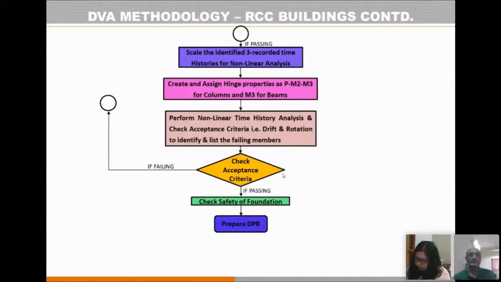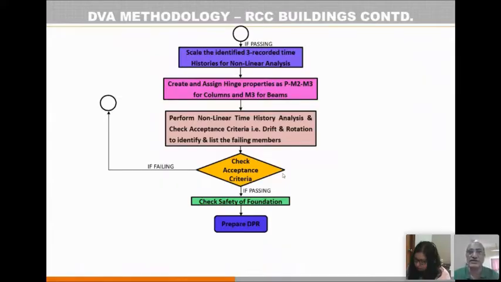Different time histories are available at the USGS site. You can take appropriate site time histories and incorporate them in the model. The code suggests that a minimum of 11 time histories be taken, but you can make a judgment whether to take 11 or 3 to 4 time histories, but a minimum of 3 time histories we should take and analyze.